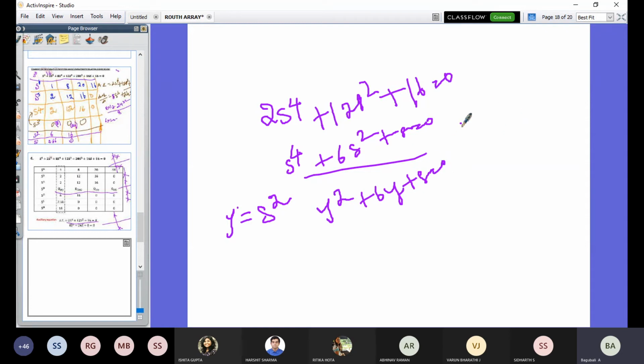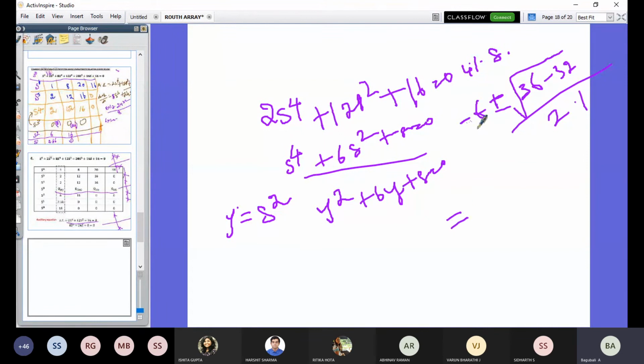So the roots equation: minus b plus or minus root of b square minus 4ac, divided by 2a. What is b square? 36. 4 into a into c, a is 1 and c is 8, so it is 32. A value is 1, so minus 6 by 2 is minus 3.